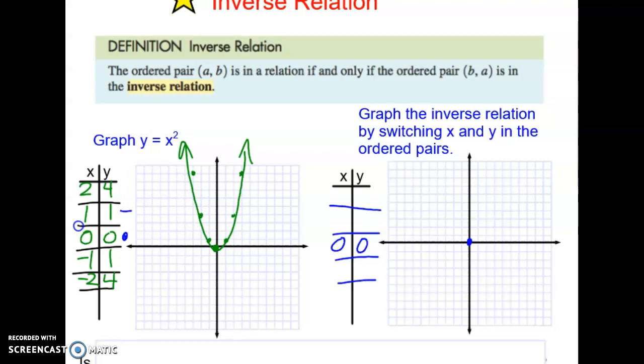Now I'm going to take 1, 1 and flip them. You may be thinking to yourself, still 1, 1. Yes, I know. However, when I look here, negative 1, 1, now I'm going to switch places with them because that's what an inverse does. I am now going to have 1, negative 1.